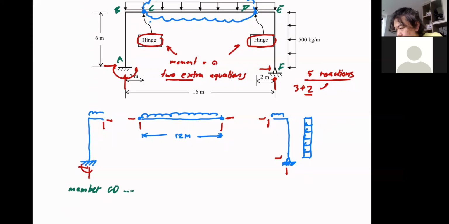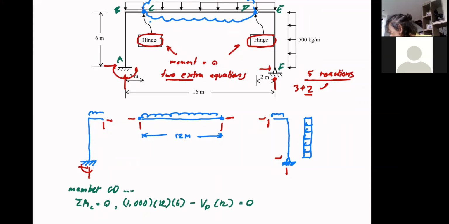But let's say sigma MC equal to 0, because that's the given condition, right? It's the internal hinge. It should give you, what's the load, 1000 multiplied by the length, which is 12, multiplied by the moment arm, which is 6, minus VD multiplied by 12 equal to 0.